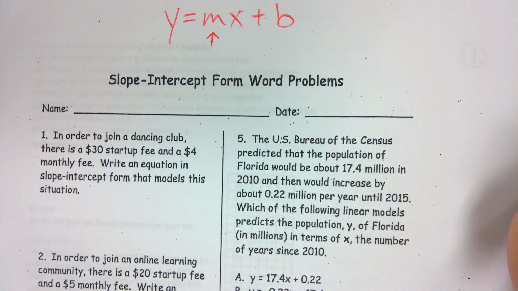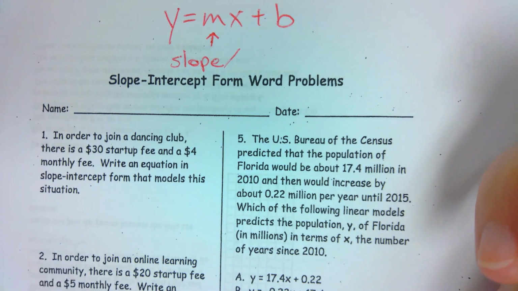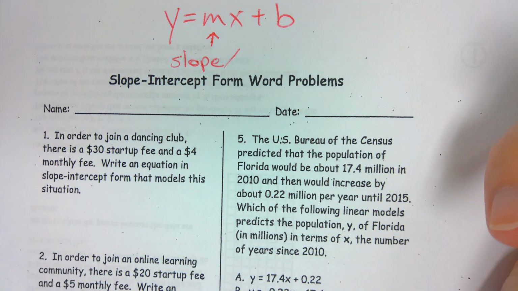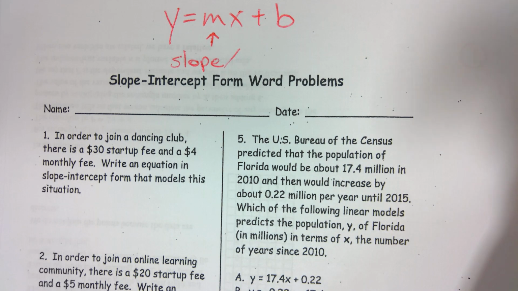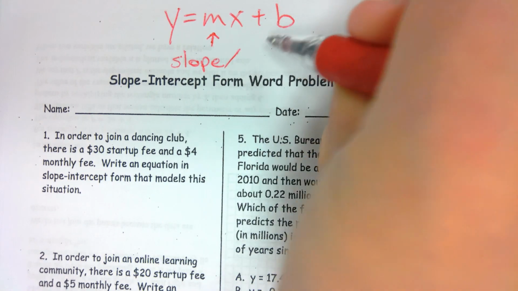What does m represent? Yep. Slope. Okay. What's another word for slope? Okay. What about in a word problem? It doesn't tell you the slope of this is this. Like what are the keywords? Okay. Yeah, you can think of first difference.